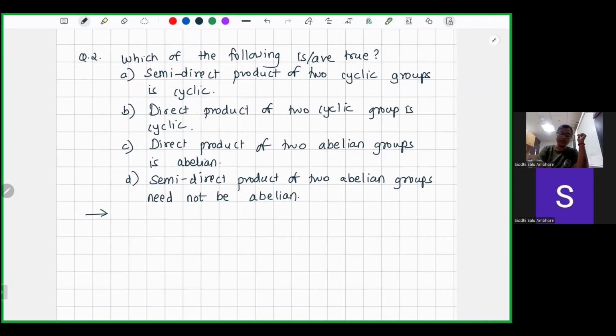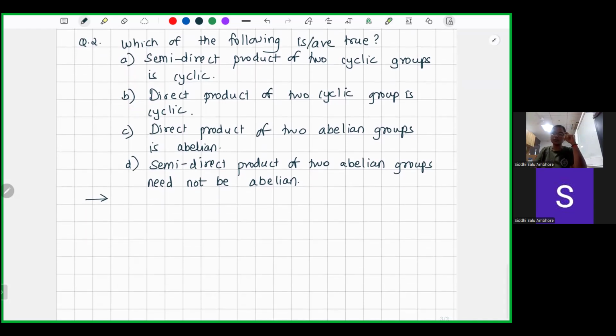Before going to the semi-direct product, first understand what we get when we talk about the direct product of two cyclic groups, because the direct product is something which we understand better.